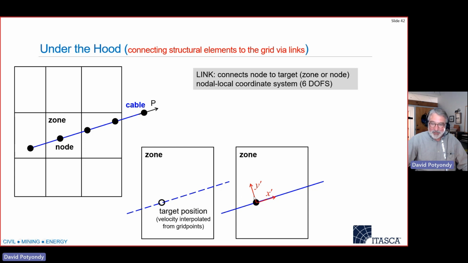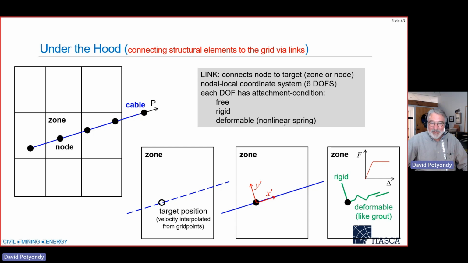So X, I'm using prime to denote the local system. X prime is always going to be directed from the beginning to the end of the cable along the axis. And so in this case, Y prime and Z prime would be normal to that. And in terms of this system, there's 6 degrees of freedom. There's 3 translations and 3 rotations. Each of those 6 degrees of freedom can either be free, rigid, or deformable.